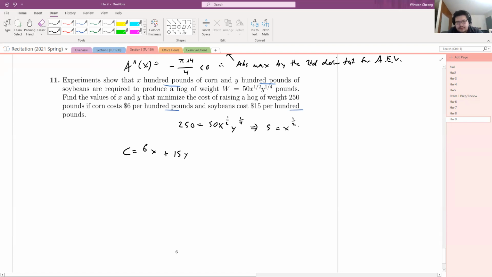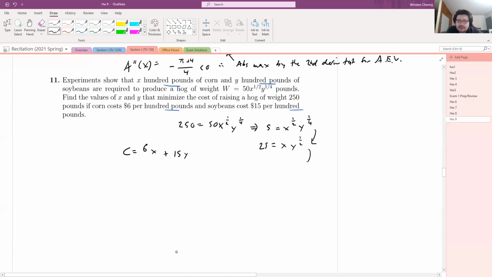So what turns out to be really convenient for this problem is if we can just raise both sides to the fourth power, that would just get rid of these nasty square roots that we have on this right-hand side. So we just think about this in terms of squaring it twice. Okay, if I square it once, I'm going to get 25 is equal to x, y to the half power. Right?